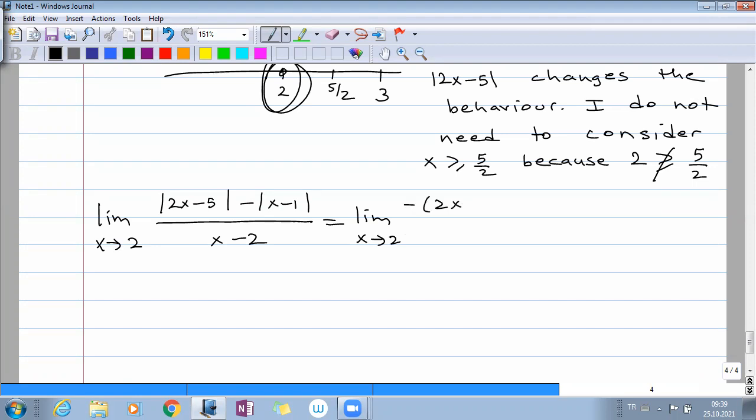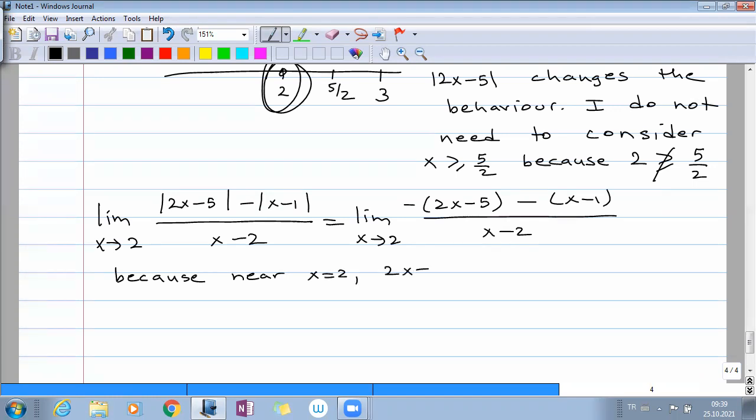You can say this is the limit of minus (2x minus 5) minus (x minus 1) over x minus 2. You need to write some kind of an explanation because near x equals 2, 2x minus 5 is negative and absolute value of 2x minus 5 is minus (2x minus 5).